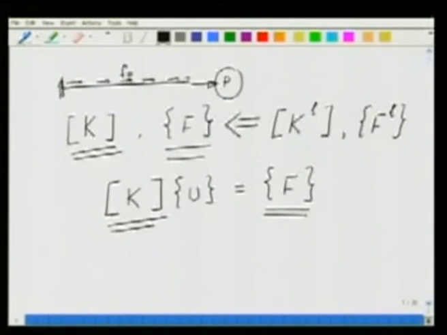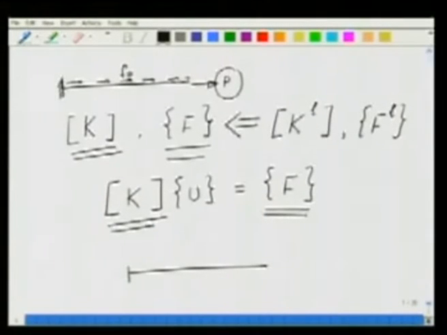by saying that if we consider the domain is broken into 5 elements, 1, 2, 3, 4, 5, with nodes x1, x2, x3, x4, x5, x6, x6 is equal to L and x1 is equal to 0.